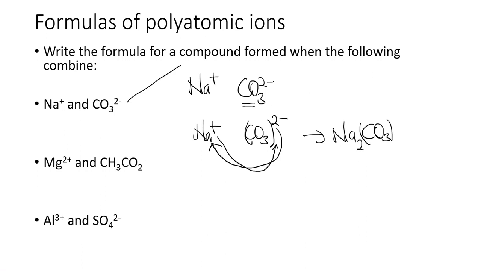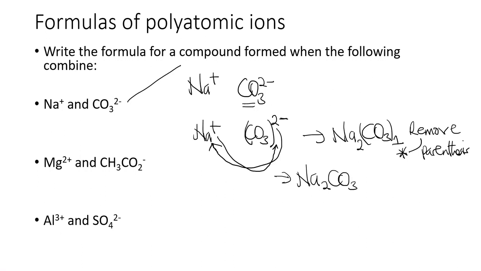If I put this one in brackets, it will have 1. So normally, when you have 1 here, you remove parentheses. If you have 1, you get rid of parentheses. So in the end, your formula will be sodium carbonate without the 1.